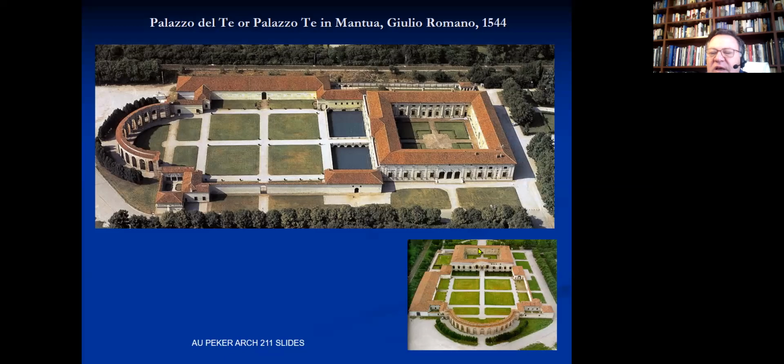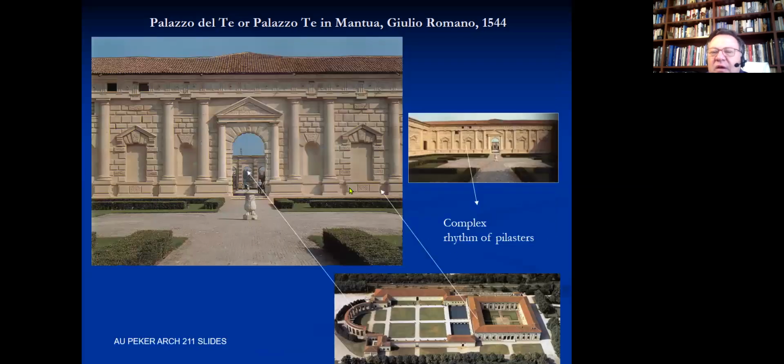You can see this access leading to it from the portico to the garden at the center. What is striking in this are awkward, really awkward and strange elements employed.